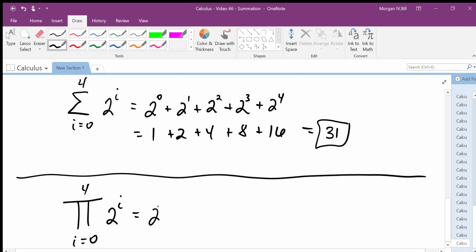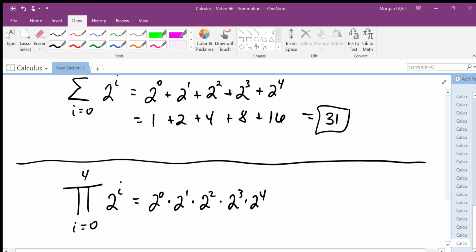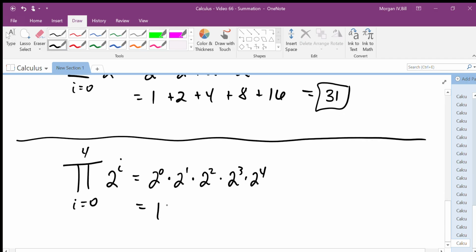That would be 2 to the 0 times 2 to the 1 times 2 to the 2 times 2 to the 3 times 2 to the 4. That would be 1 times 2 times 4 times 8 times 16. That one I'm not going to try to do in my head.